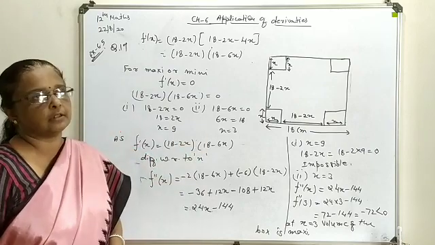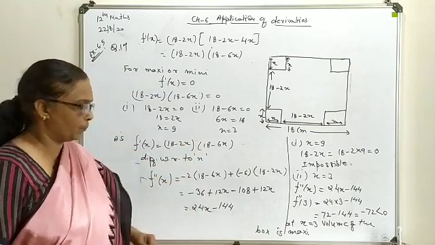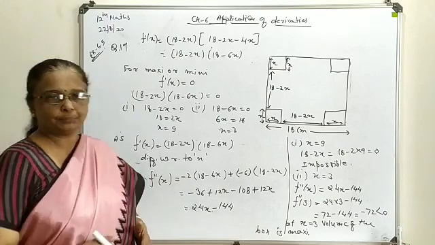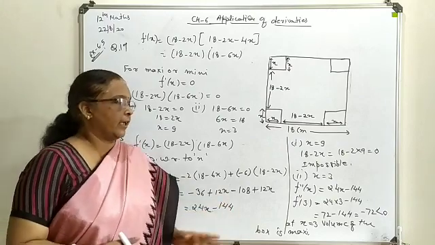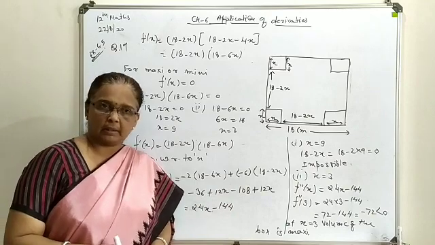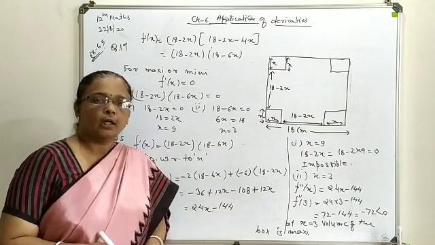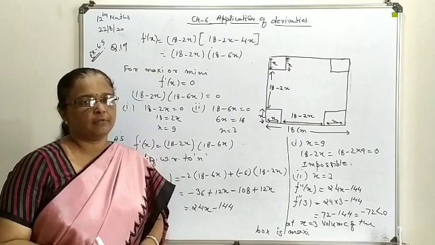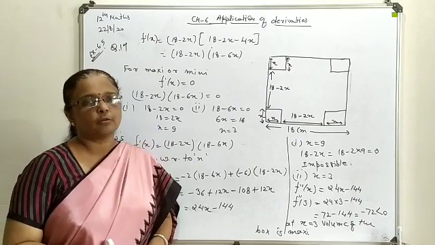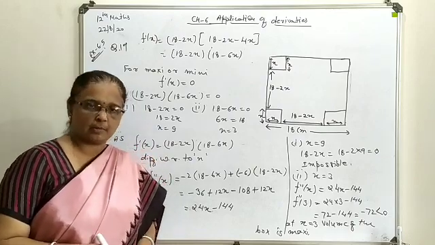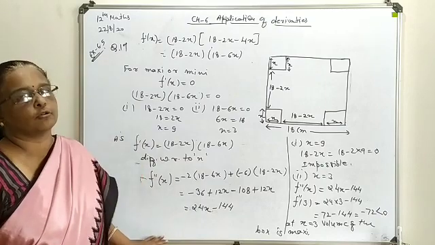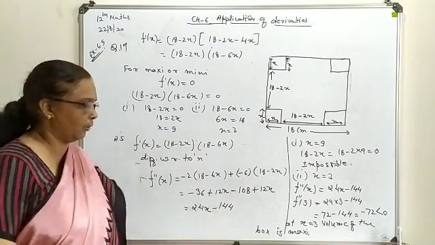So the answer you have to write in a statement form. So here you can write down that the side of the square that is to be cut at each corner to have a box with the maximum volume should be 3 centimeters. So this way the final answer should be in a statement form.